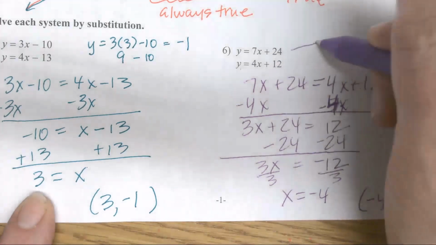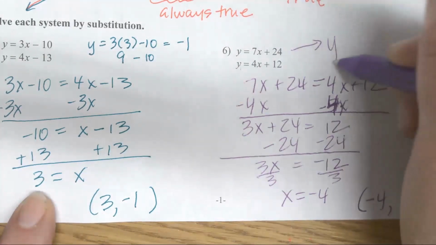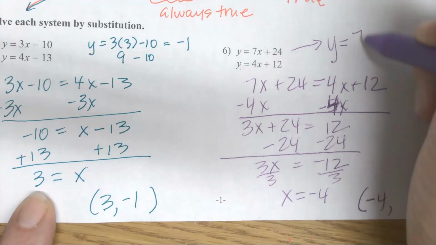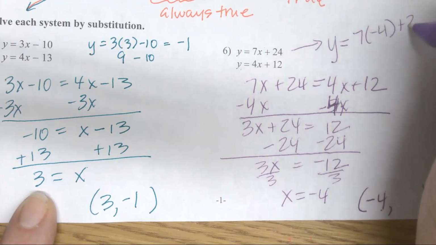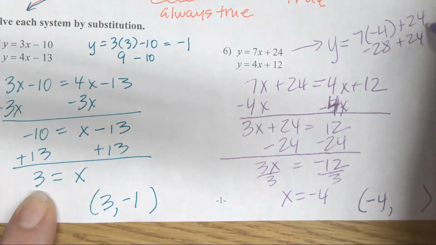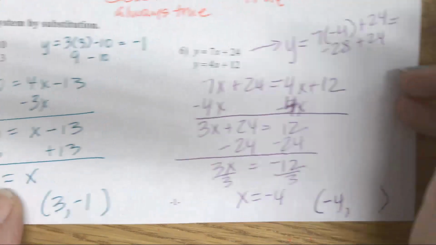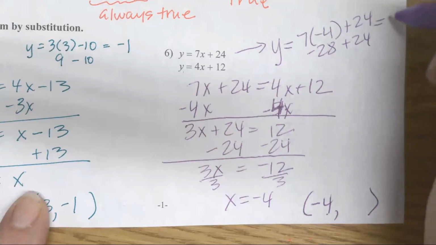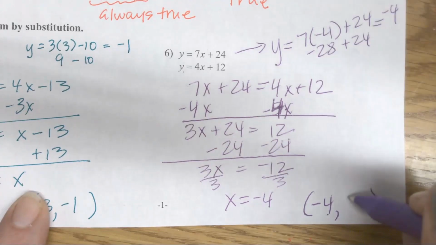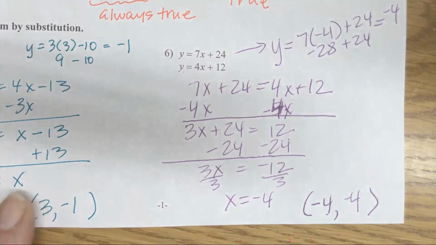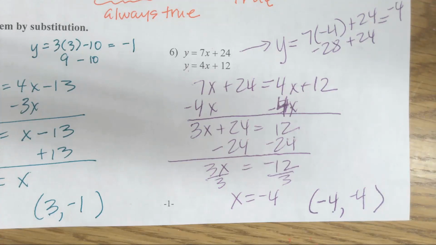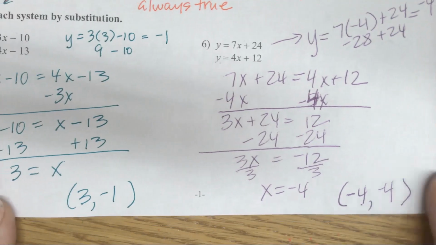So I'll do the top one. No reason why I chose the top. Y equals 7 times negative 4 plus 24, which is negative 28 plus 24, which is negative 4. So far I've gotten one solution for both of those.